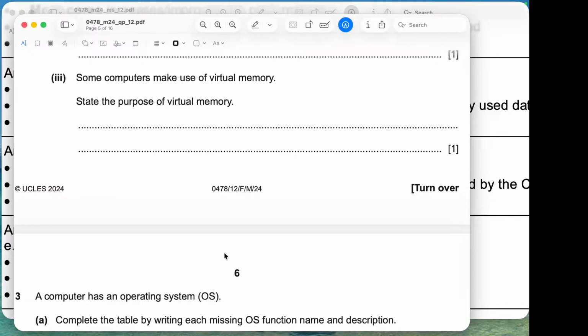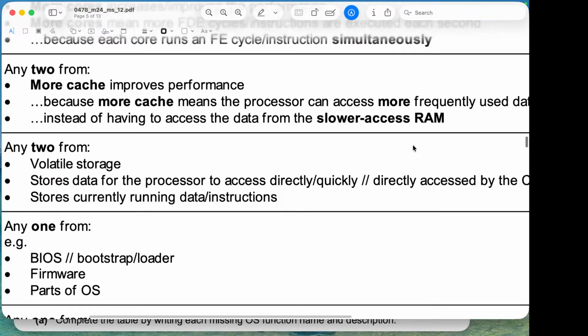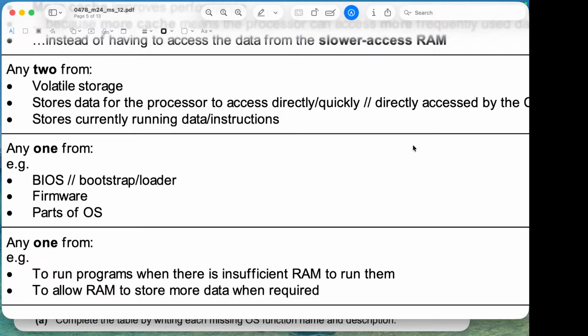So basically, we use it because we've run out of normal memory or RAM. So we create virtual memory to basically act as RAM. It's not actual RAM, but it acts as RAM. So to run programs when there's insufficient RAM to run them, to allow RAM to store more data when required.